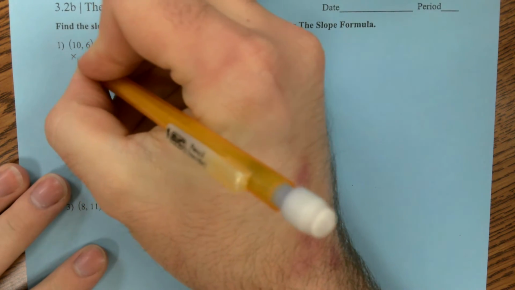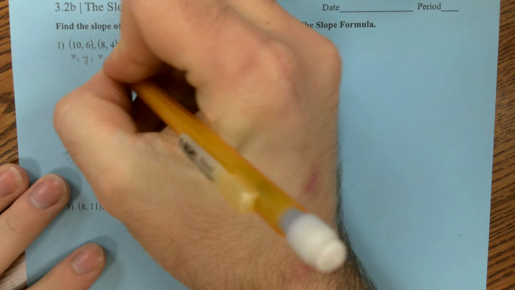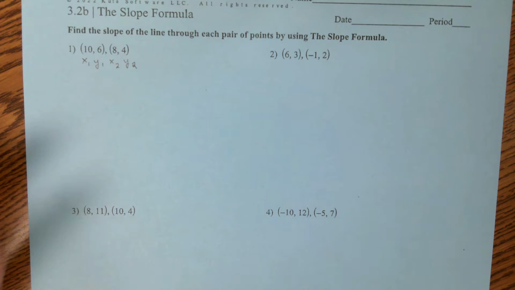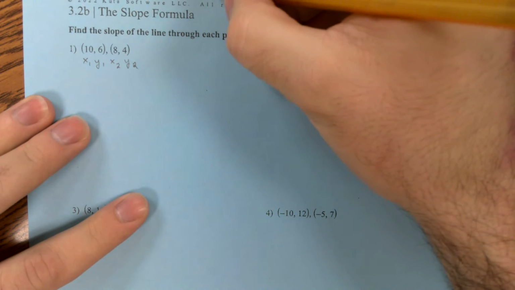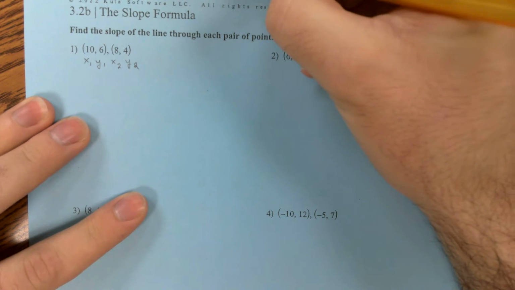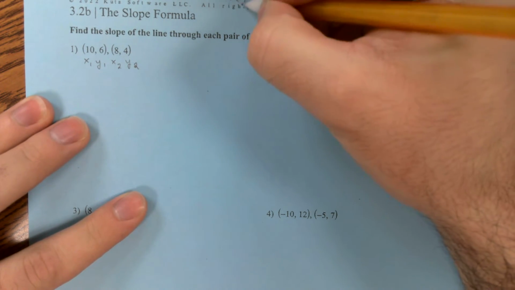So remember, we're always going to label them x1, y1, x2, y2. And our formula that we're going to use is y2 minus y1 over x2 minus x1.